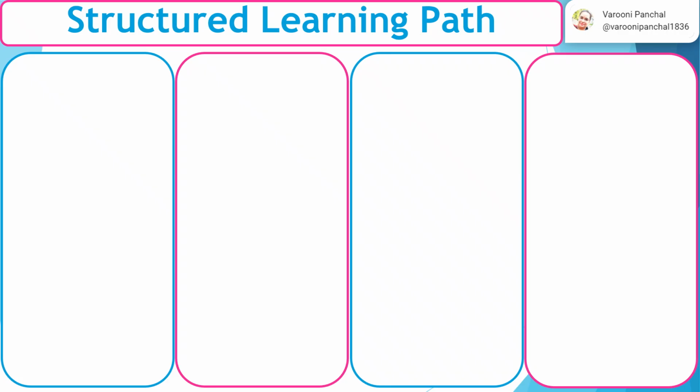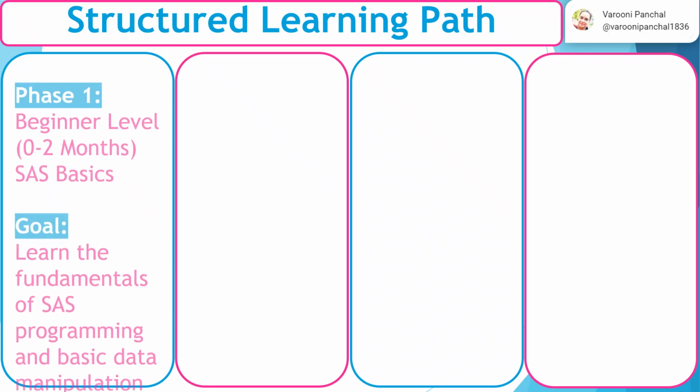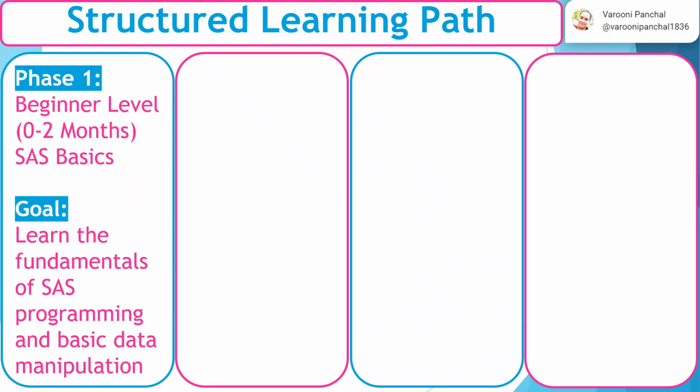Now let's understand the structured learning part. So I have just made this up. First is phase 1, beginner level, 0 to 2 months, SAS basics. You would have to give some time to this clinical SAS programmer role if you want to make a career.